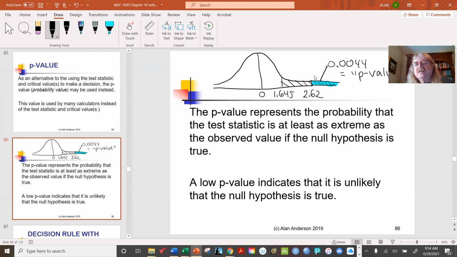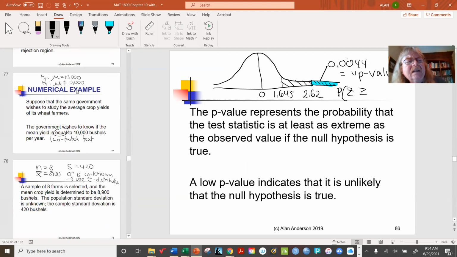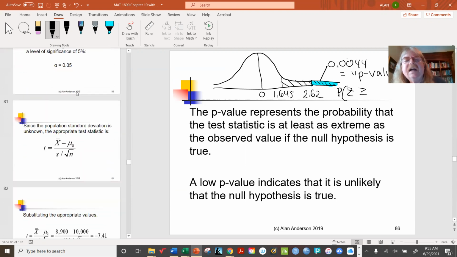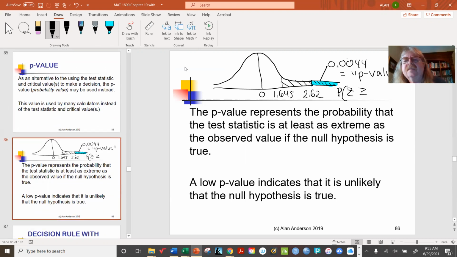Essentially, what this represents is the probability that z is greater than or equal to... oh, wait a minute. Now that I think about it, I think it wasn't 2.62. It was 2.262. All right, I have to fix that, sorry. Let's get that fixed. Yeah, that's going to be off a little. It was 2.262.